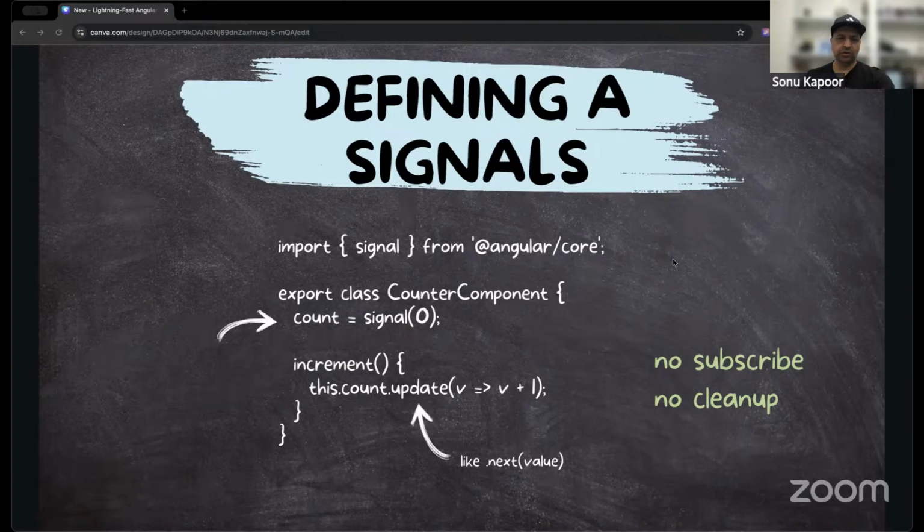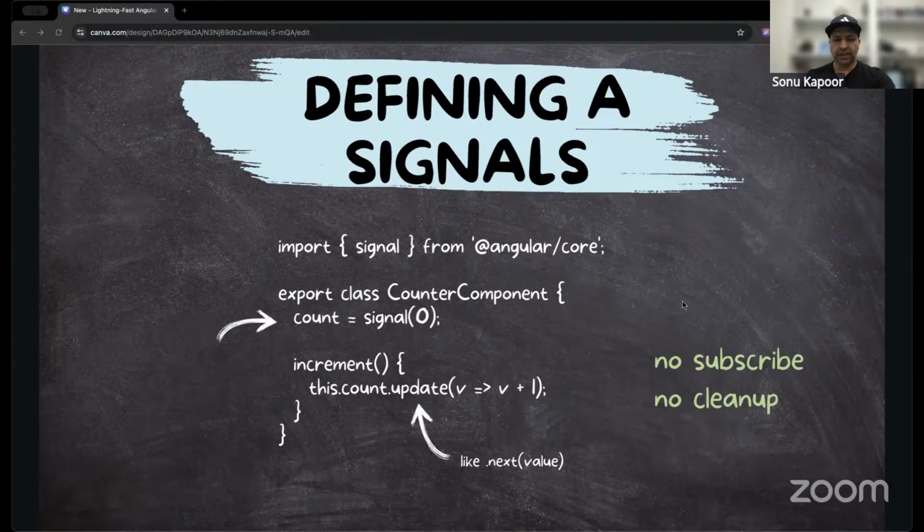So where would you use this? Think about counters, toggles, simple form states, any local UI state where you need to show or hide something, right? This is where you don't want to over-engineer it with RxJS. And again, notice here there is no subscribe, no unsubscribe, no cleanup.